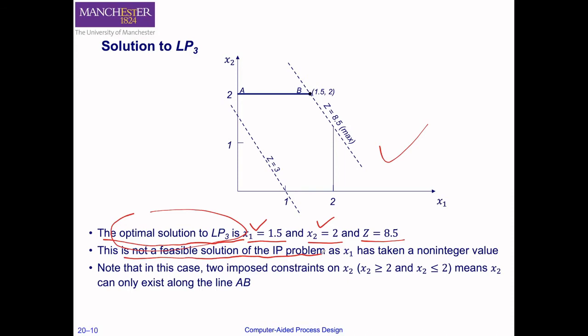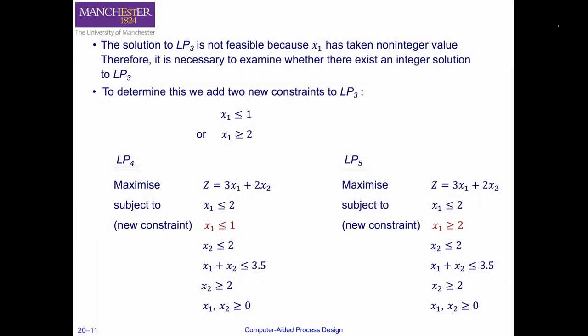Based on the basic idea of the branch and bound method, we need to continue to partition x1 to examine if there exists an integer solution to LP3. We need to partition x1 to examine other integer values of x1 that are larger or smaller than 1.5.